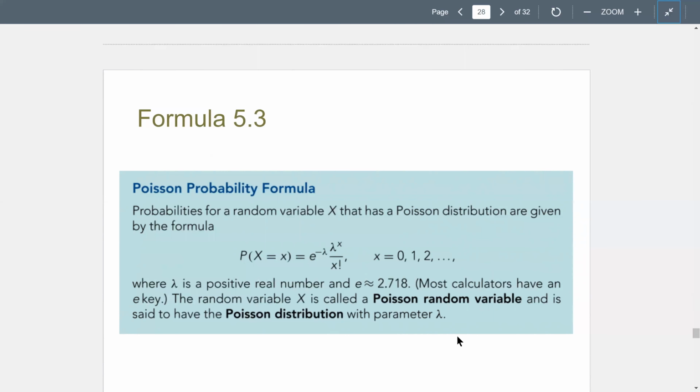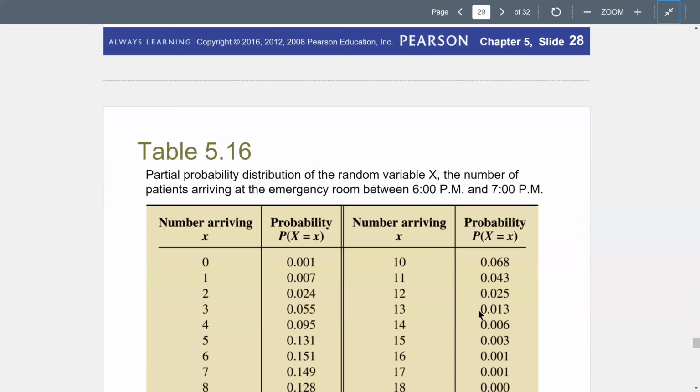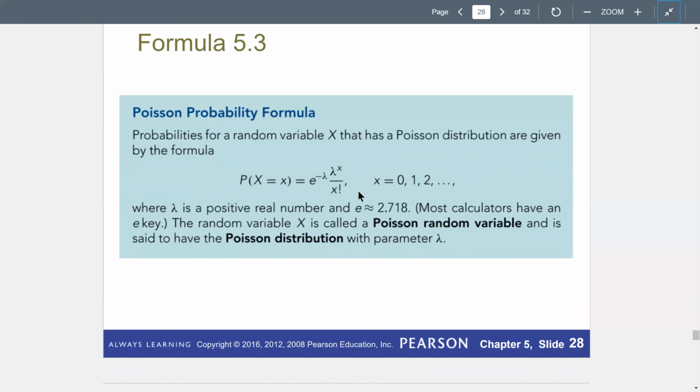Actually, it's an infinite series like pi, so it goes on to infinity, and it has lambda as a negative power. So this is the formula. The way it comes about, I don't have time to explain, but you use the exponential function and do a little bit of reorganizing. You will see this formula.